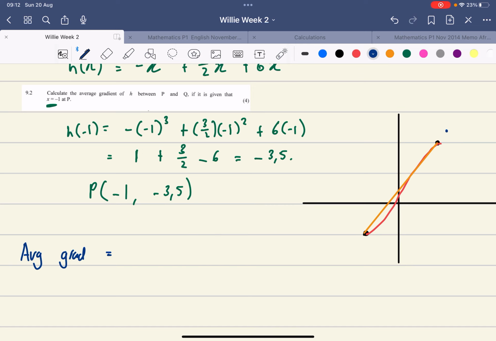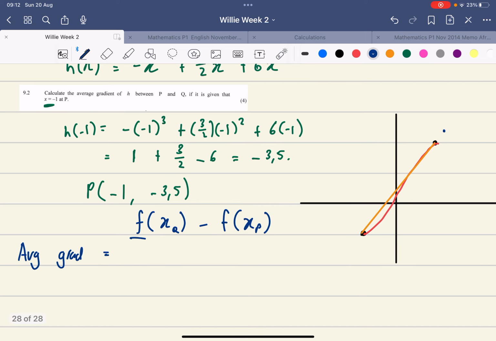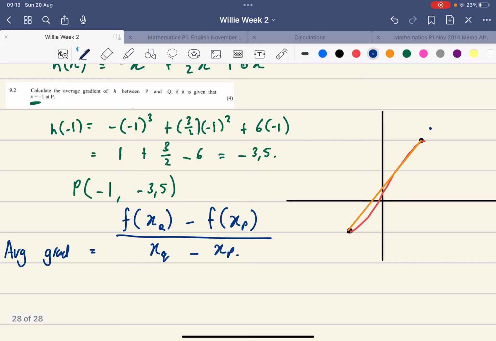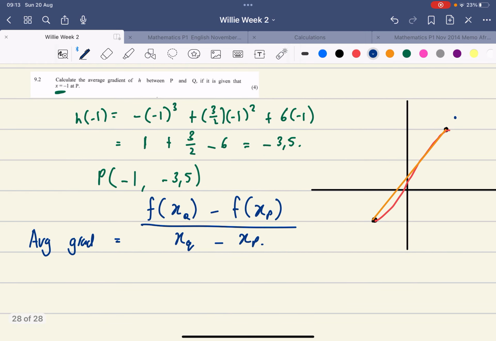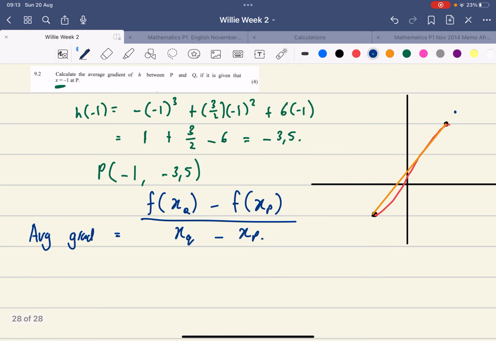Should rather write f of xQ minus f of xP over xQ minus xP. That is just the delta y over delta x equation that you'd use to find the gradient of a straight line.